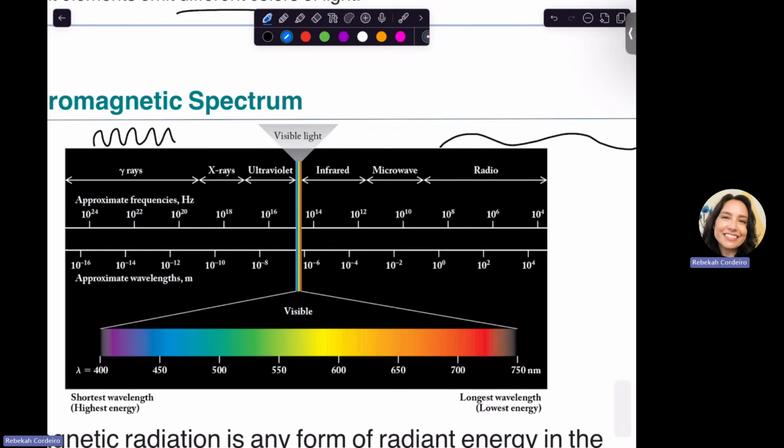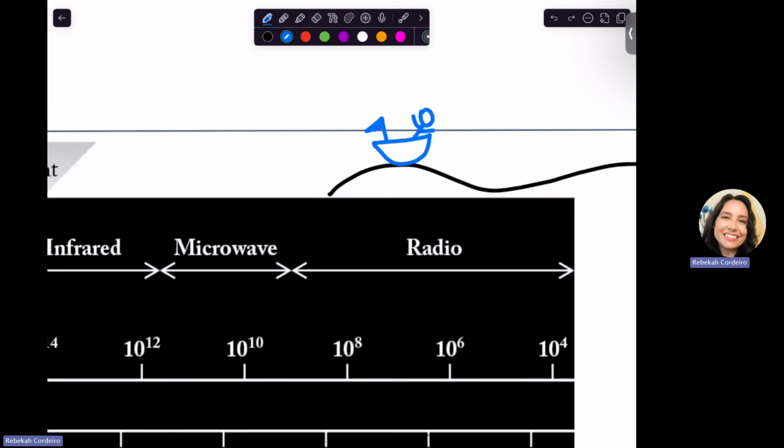Now, we talked about the relationship between wavelength and frequency, but I also want to talk to you about the relationship between wavelength and energy. So imagine that I'm on a boat on a radio wave. There's my little boat. It's got a little flag. Here I am on my boat, maybe with a hat because it's sunny outside.